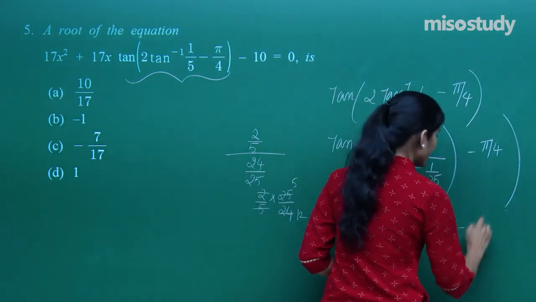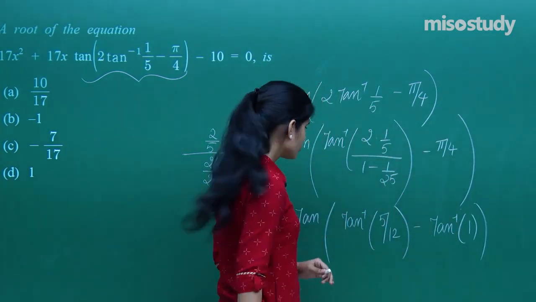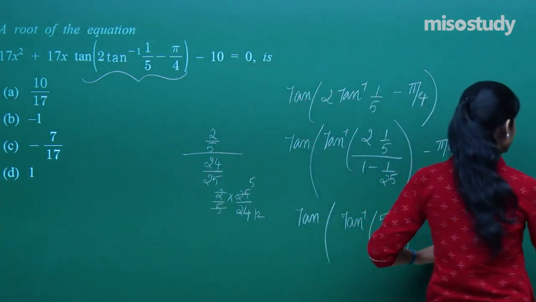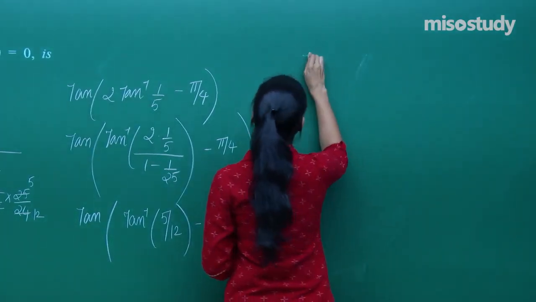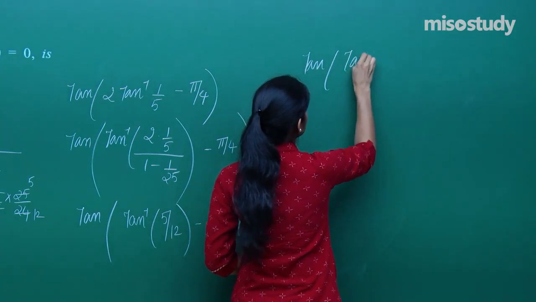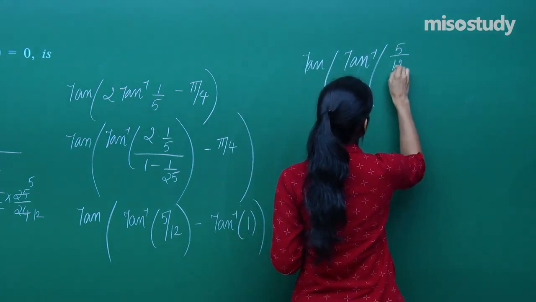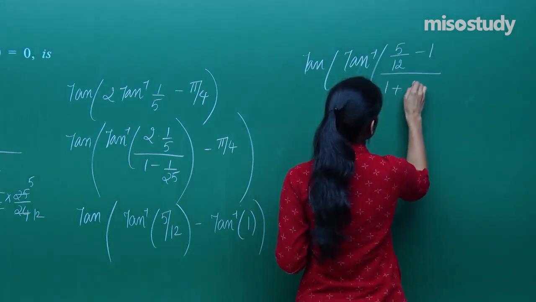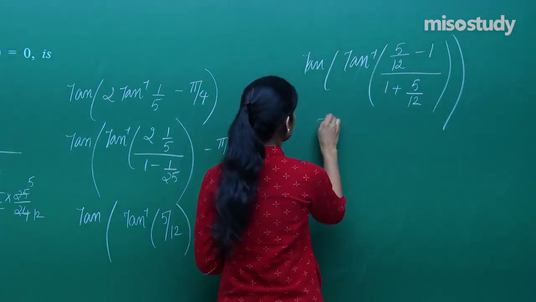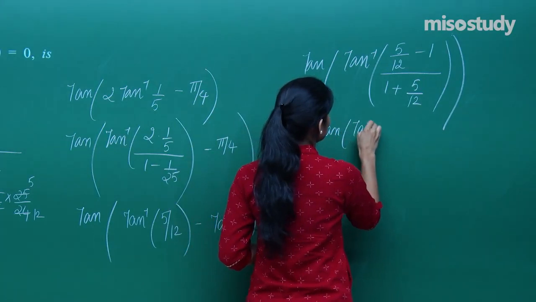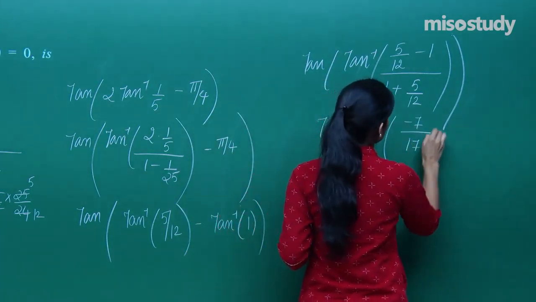Right? And pi by 4 I can write as tan inverse 1. So now you have tan inverse A minus tan inverse B, which is what? What is tan inverse A minus tan inverse B? It is tan inverse of A minus B upon 1 plus A into B. So 5 by 12 minus 1 upon 1 plus A into B. So this gives you tan of tan inverse of, this is minus 7 by 17.